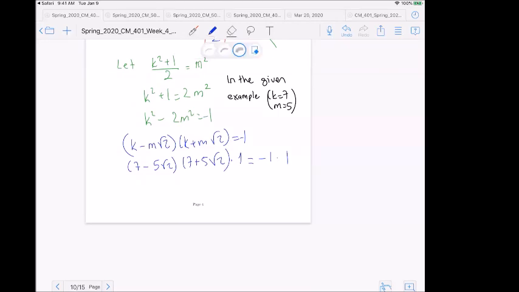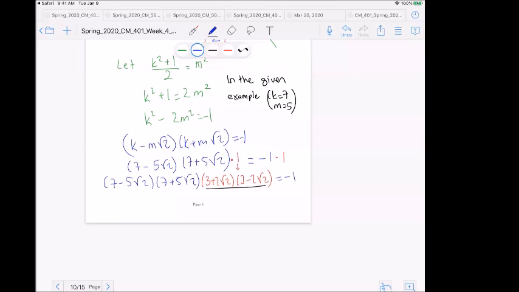But I want to multiply in such a way that I can rationalize and get rid of the squares and find some other values. So instead of 1, I'm still going to multiply by 1, but I'm going to write it as 3 plus 2 root 2 times 3 minus 2 root 2, because obviously this is equal to 1, and that's still equal to -1.